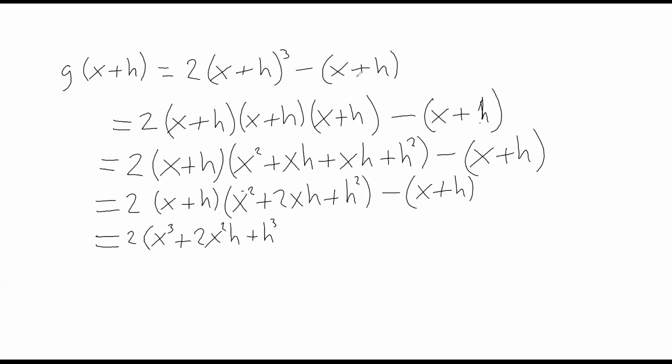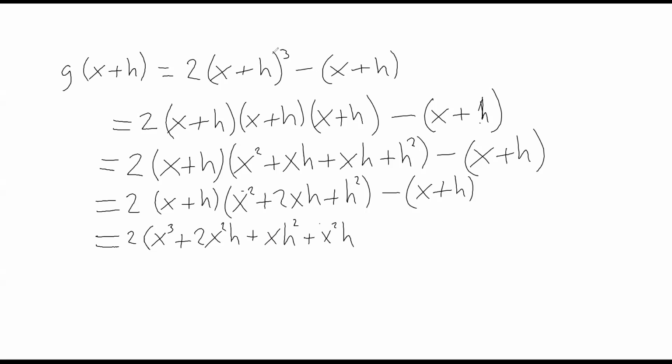Let's see, no, I didn't. Lost my train of thought here someplace. Okay, so we've got x times 2xh and then x times h squared, so it'll be xh squared. Okay, now I need to multiply through by h, everything. So h times x squared, so we have plus x squared h.